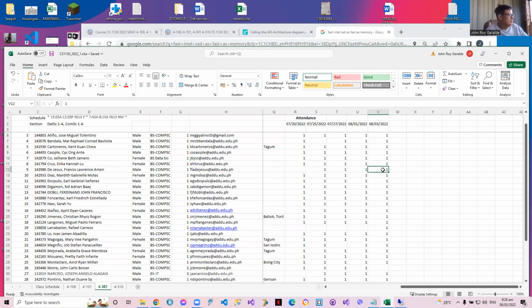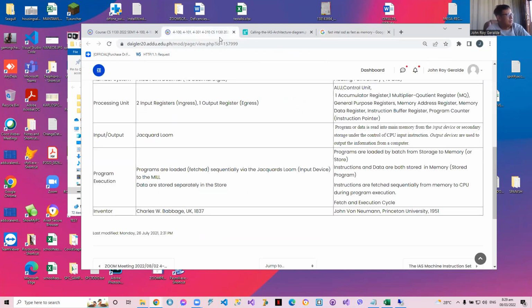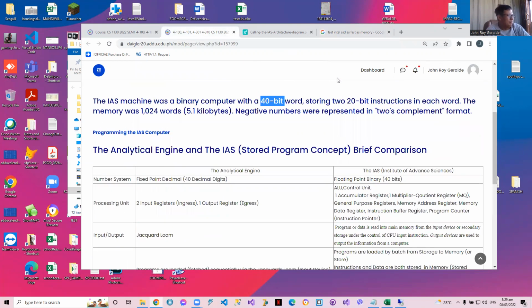Because there's no need to load the program again to memory because they're just as fast. Diba? Why load it from there when you're just wasting loading time? So we will go back to Harvard class when hard disks will have the speed of RAM. Okay, so it's an exercise in computer architecture.